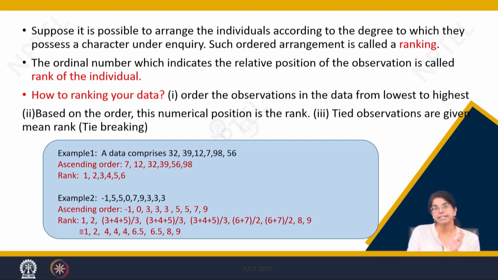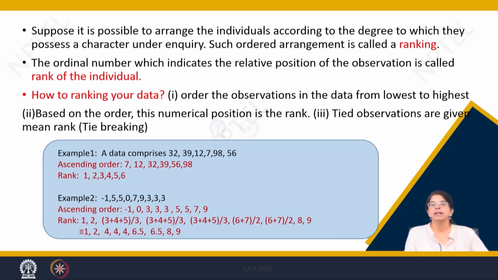Order and rank are synonymous. Sometimes we order in increasing, ascending manner, and sometimes in descending manner. Generally in statistics, when we say ranked observations, the observations are arranged in ascending order.